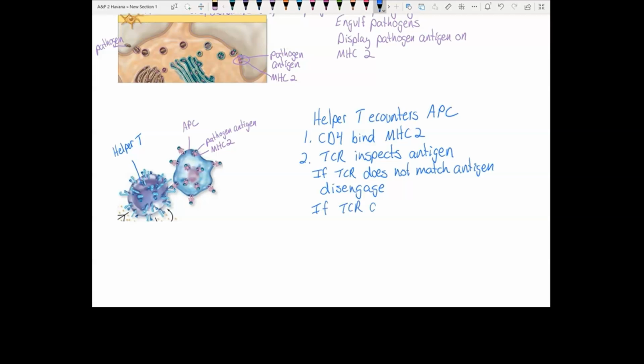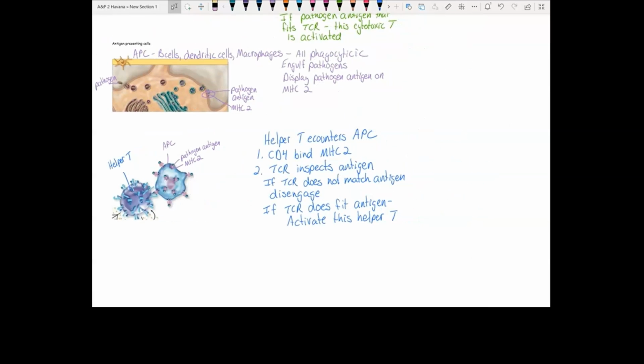If the TCR does find the antigen, or does fit, then you activate this helper T. Okay, so helper T cells only interact with antigen-presenting cells. They don't interact with body cells. They don't interact with the pathogen directly. Only these three types of cells that can have MHC2 will interact with a helper T.